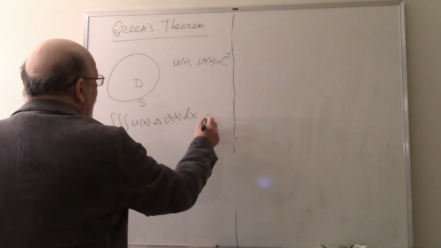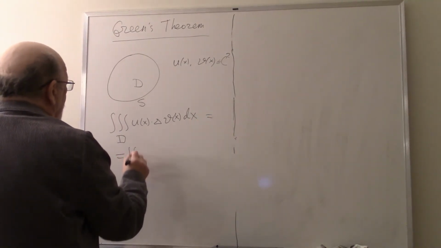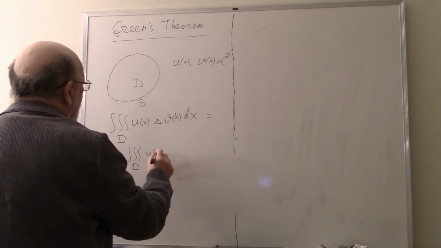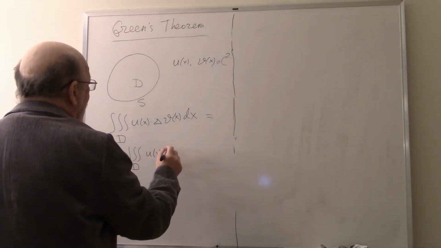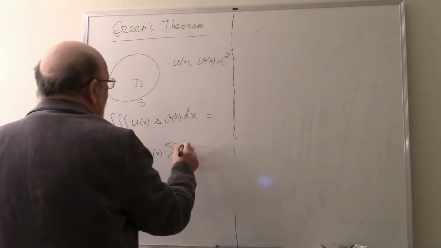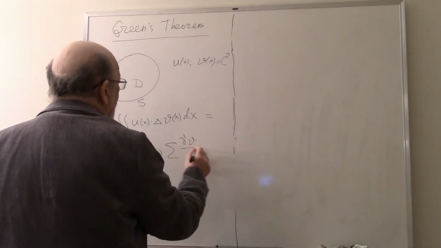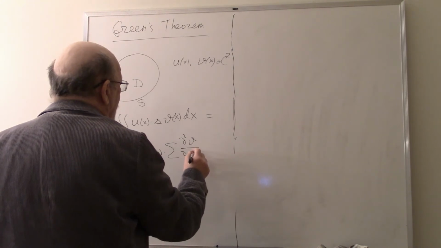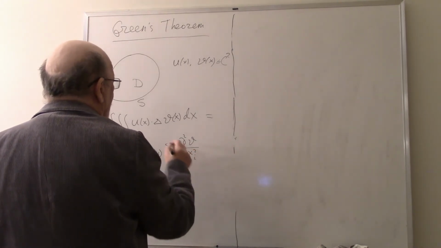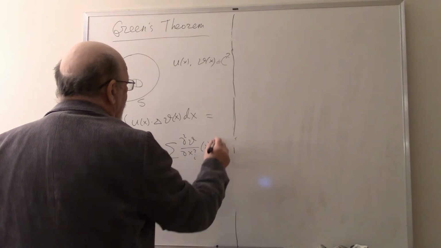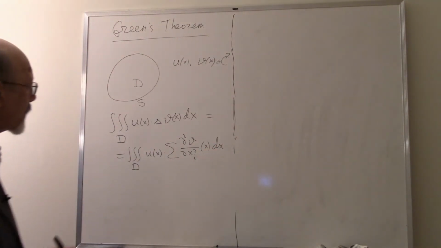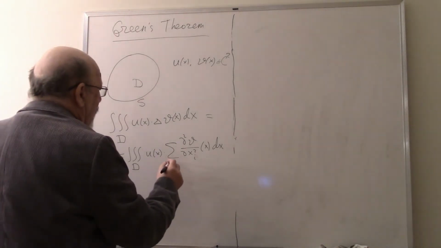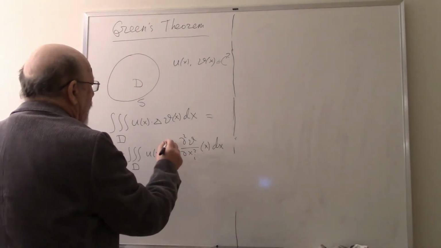So it is the integral over D of u of x times the sum of d2v over dxi square dx.